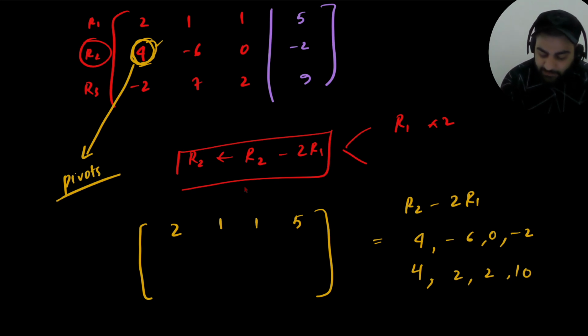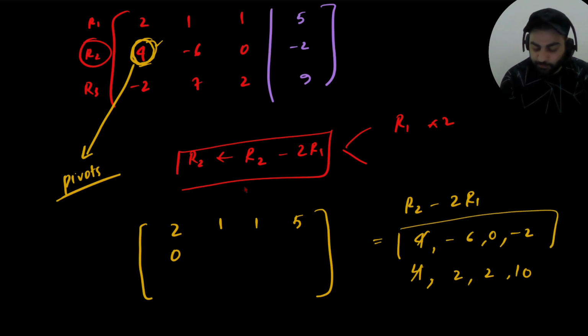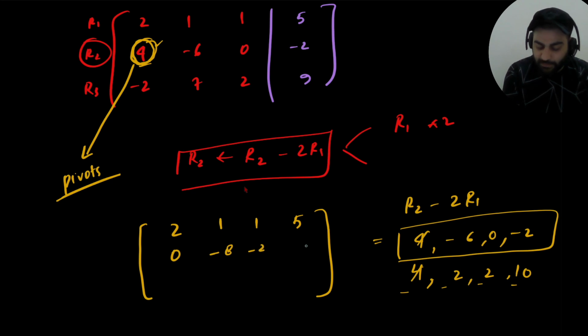Now we have to subtract this. This will become 0. So the first entry here became 0. That's what we wanted. Now this is minus 6, this will become plus basically. This is our R2. All the entries are negative here now. So minus 4, minus 6, and this will become minus 8. And this will become minus 2. And this will become minus 10.